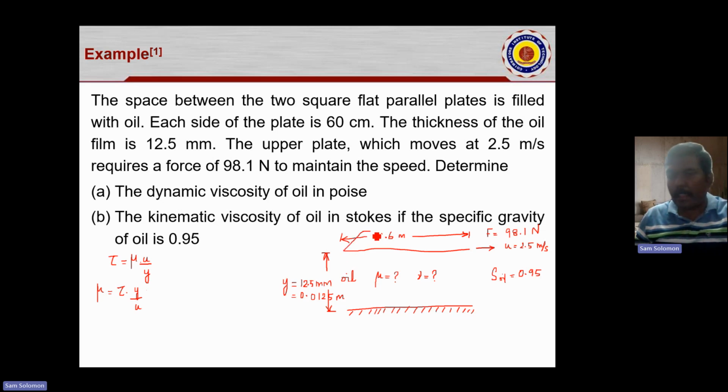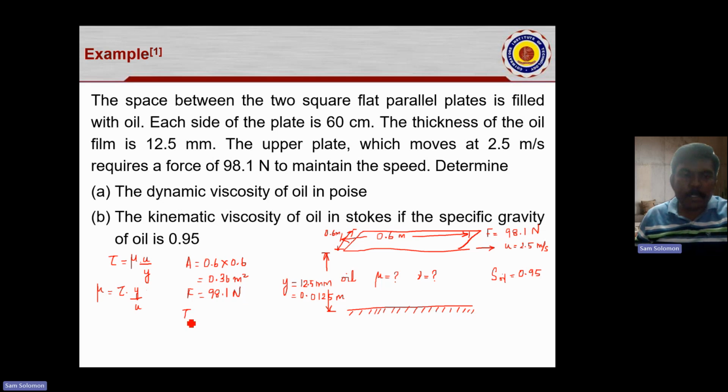So if I can draw a picture like this, this side is also 0.6 meters. Okay. So area is going to be 0.6 by 0.6, which means it is 0.36 meters squared. Okay, so that is the area. And the force they have given is 98.1 newtons.